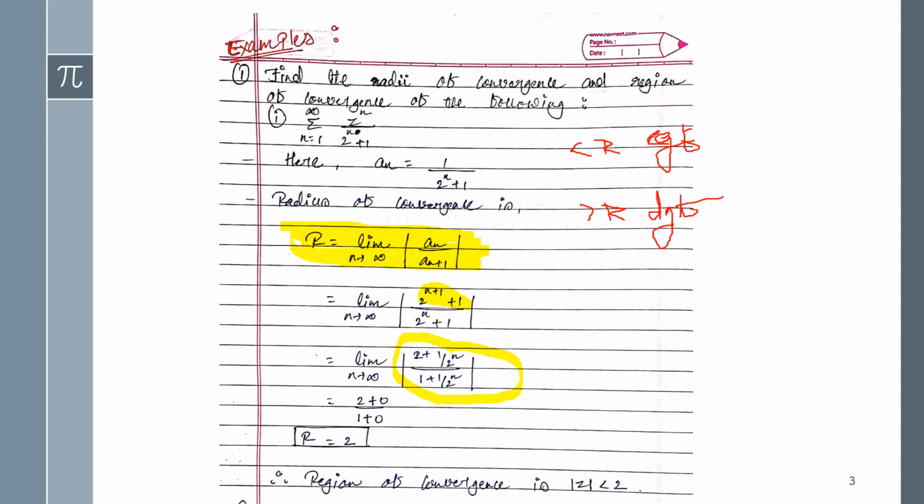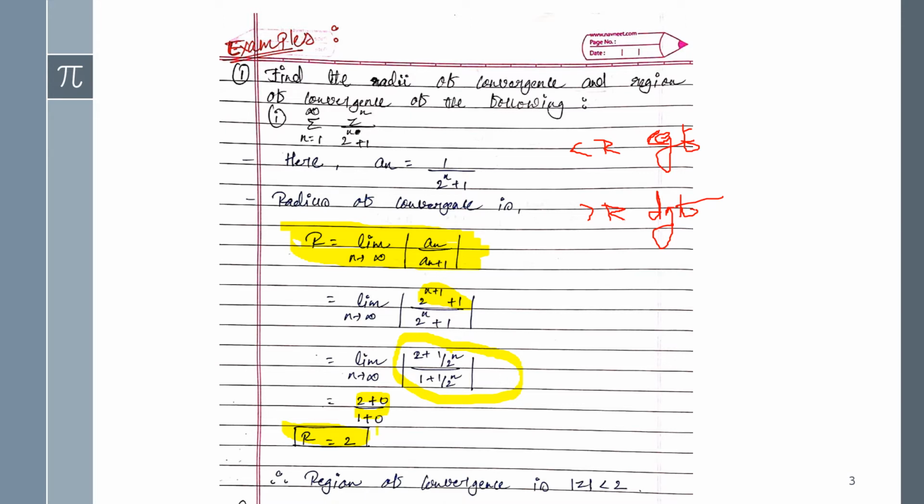So that's why I have divided by 2^n, okay. With any term of n, you have to divide the series by that term. So by applying the limits, you will get 2 plus 0 upon 1 plus 0. At the last, you get the answer R equals 2.